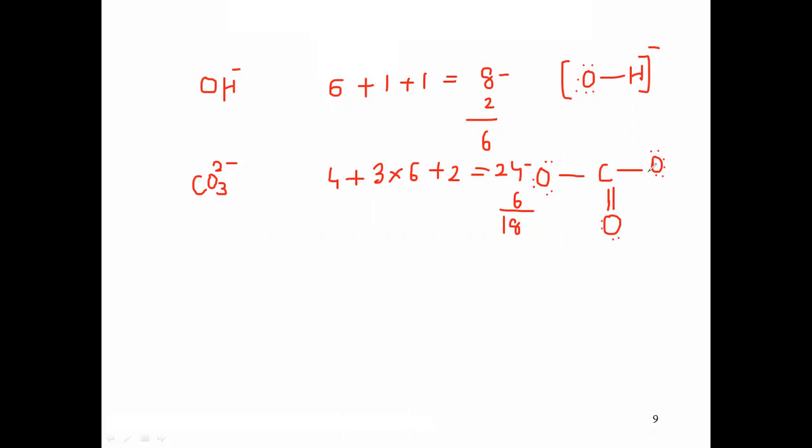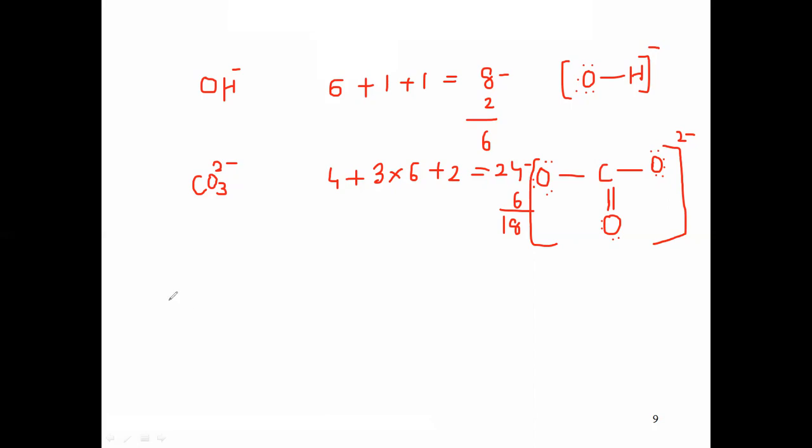We already counted that. And what about this carbon? 1, 2, 3, 4, 5, 6, 7, 8. Now carbon also completed its octet. Now this is the structure, and finally make a bracket and write the charge. Okay, this is the complete Lewis structure of carbonate ion.